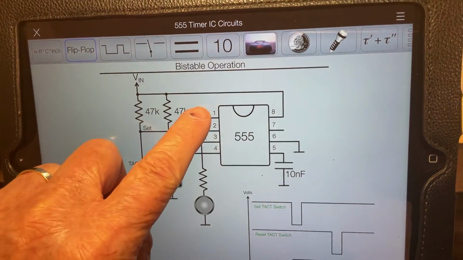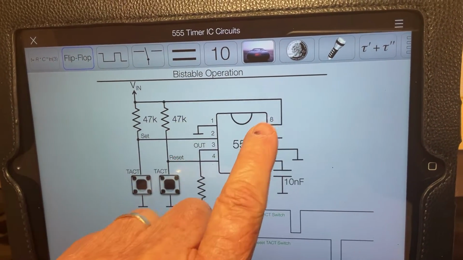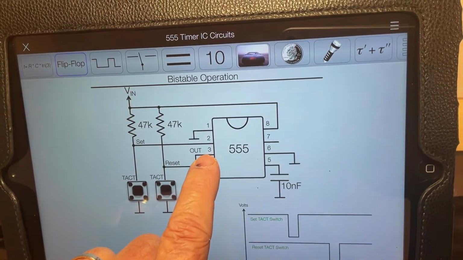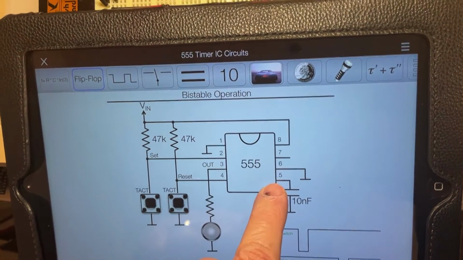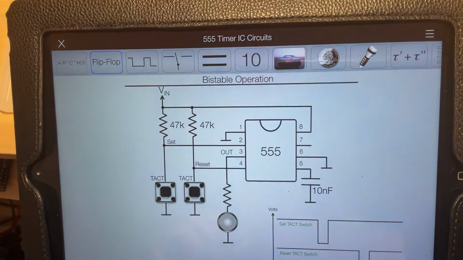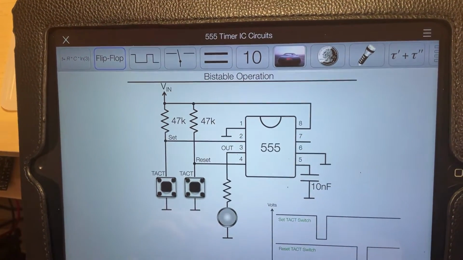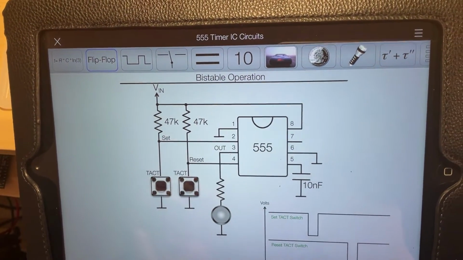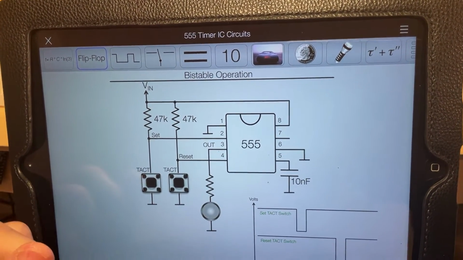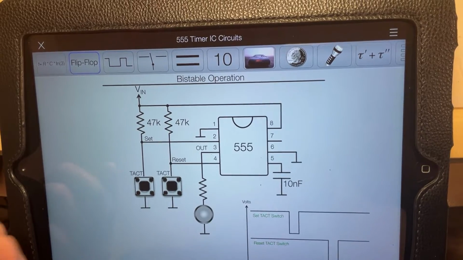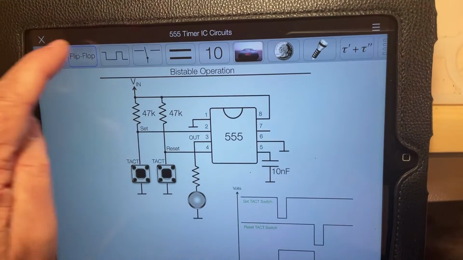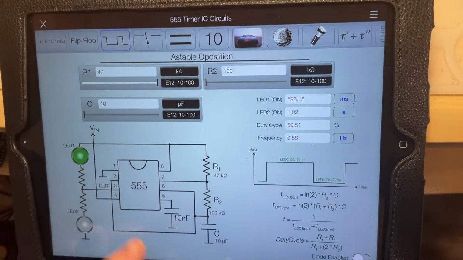So now we know pin 1, pin 8 the power supply, pin 4 the reset, and pin 3 the output. Pin 5 is called the voltage control. The voltage control allows you to modify the output frequency without playing with the two components R1, R2 or with the capacitor C in the oscillator.